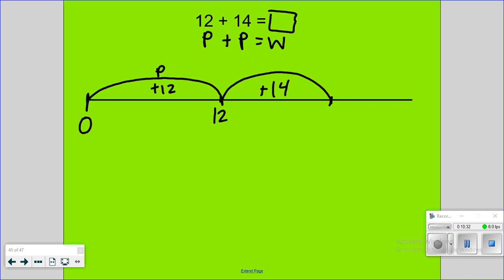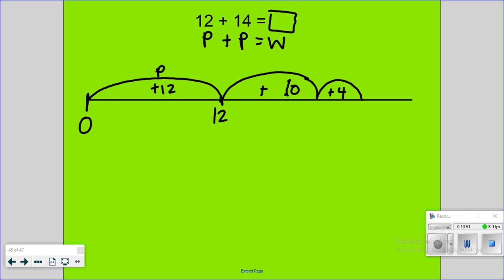It might be helpful instead of jumping 14, I might start with a 10. And then a 4. Oh, yeah, I got it. So what's 12 plus 10 more?